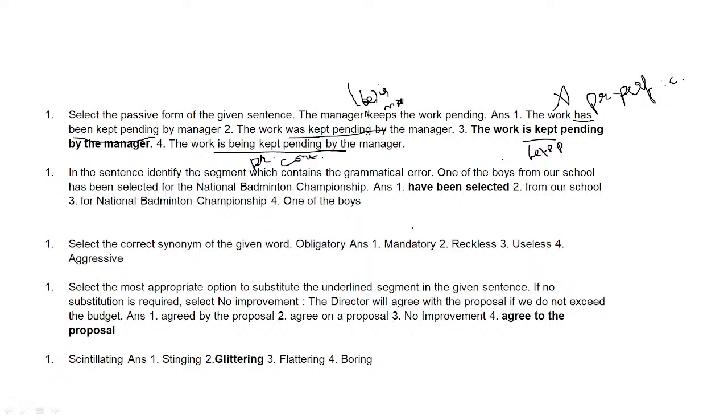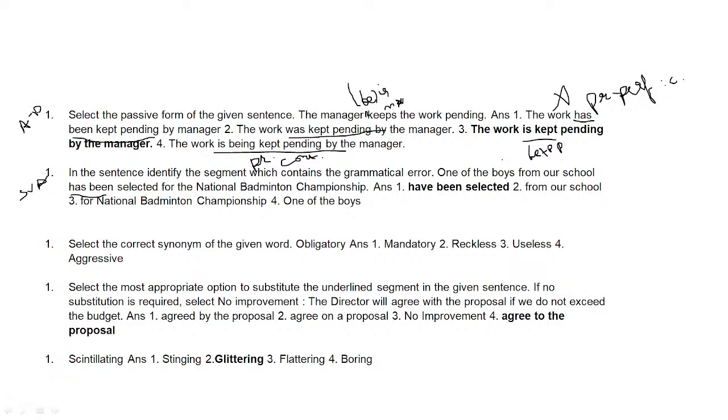The second is, what do we have to do? This is a question from subject verb agreement, right? SVA question. This is active passive. This is subject verb agreement.